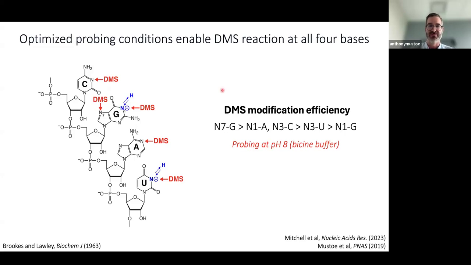What we realized is that if we were able to do the chemical probing experiments under moderately basic conditions, actually at pH 8, which is the same pH that SHAPE experiments are typically done at, that would enable transient deprotonation of G and U nucleotides. And that would then allow DMS to modify G's and U's at low rates.